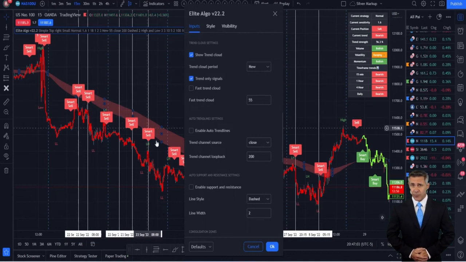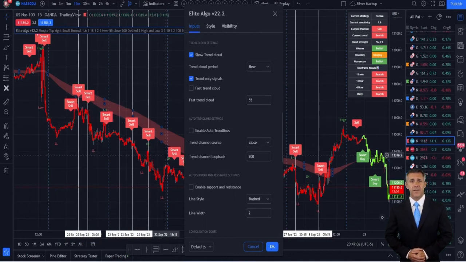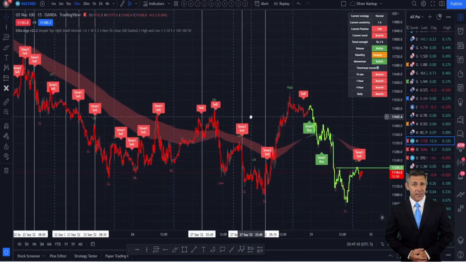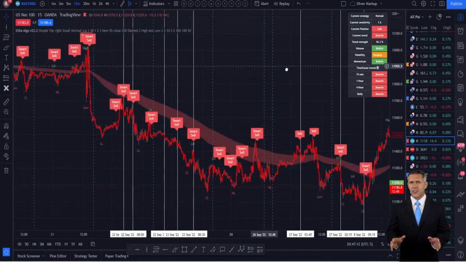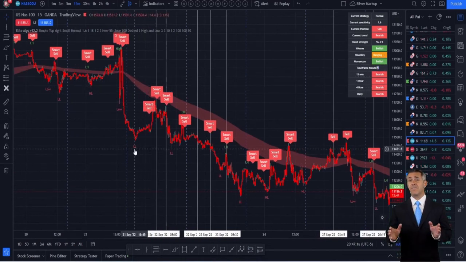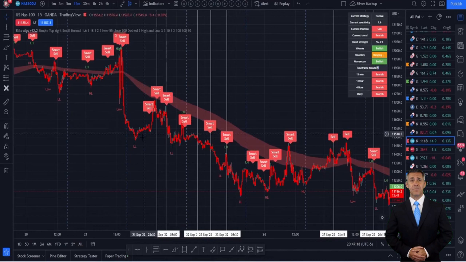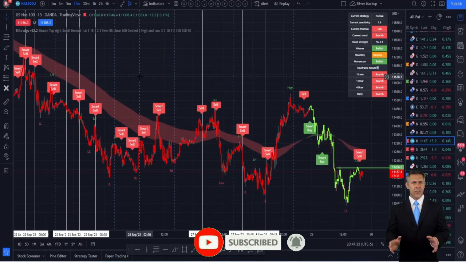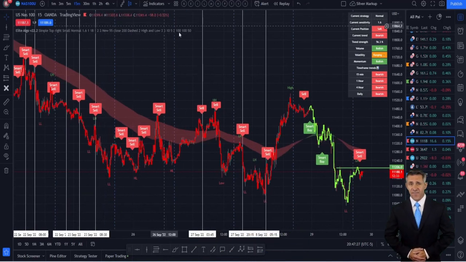But that's going to give you just the trend, and I like that. This looks very, very clean. So I know what the trend is. If I see a lower low and I see a sell signal, I might be getting a good area of selling. Very, very simple. That's what Elite Algo makes happen.